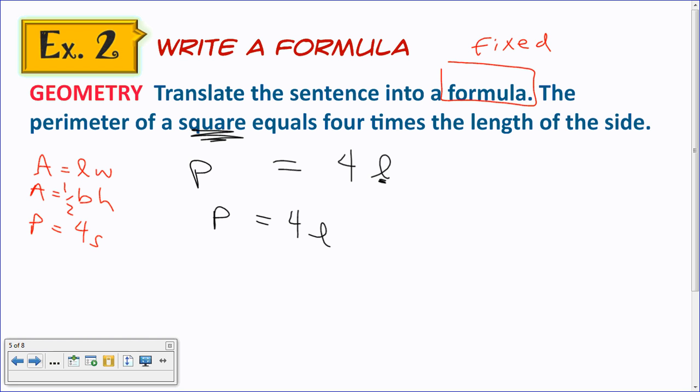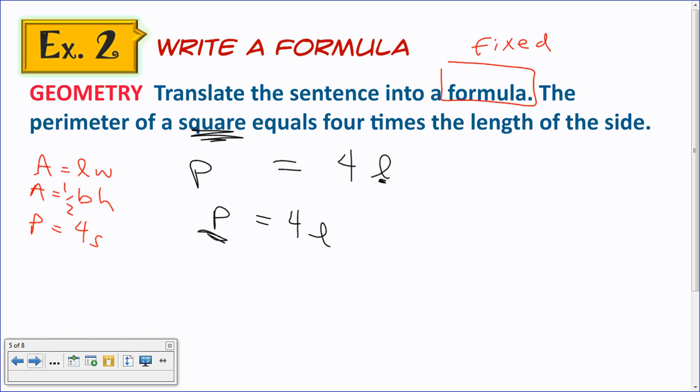I don't know what the number is. If you get the perimeter, plug in for P. Right, but I don't know that. I still have to solve for L. What's it solved for right now? P equals 4. It's solved for P. How do I know it's solved for P? It's on the other side of the equals. What else is next to the P? 1.